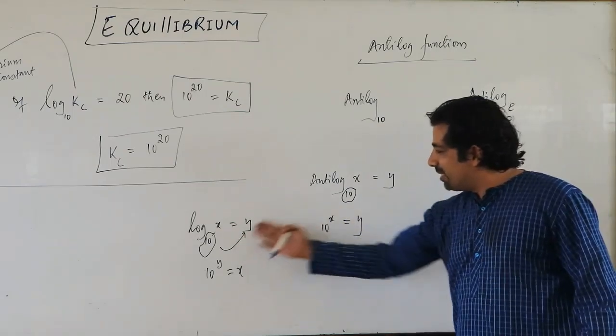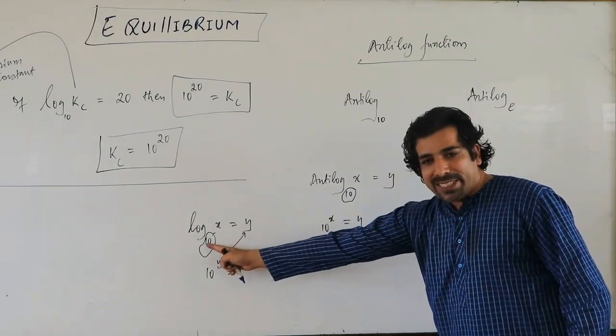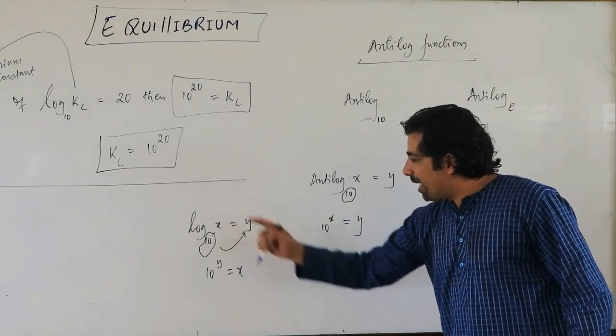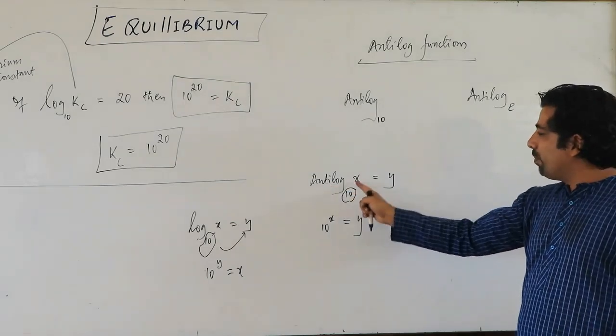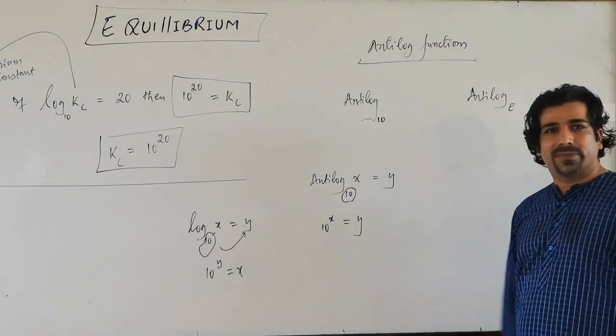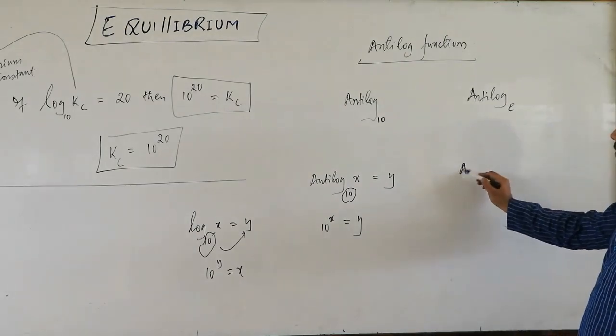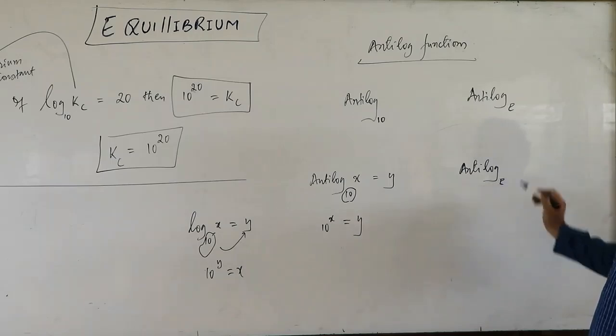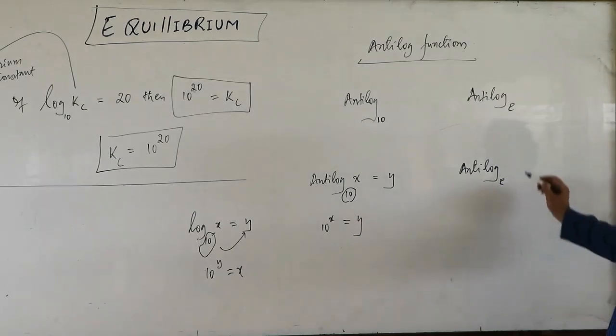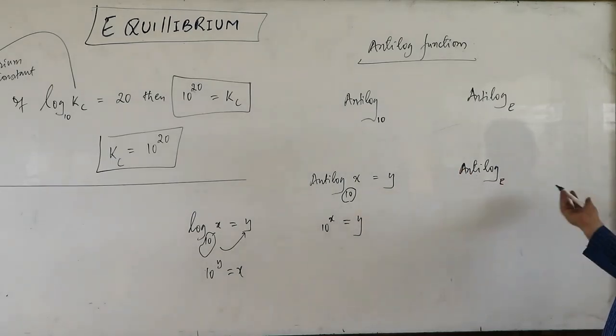So see the difference here. For log, base 10 to the power y is equal to x. But in antilogs, exactly the opposite: 10 to the power x is equal to y. Now look here, my dear friends. Antilog, what is the base here? e, let us suppose. Let us write the same thing, x and y.